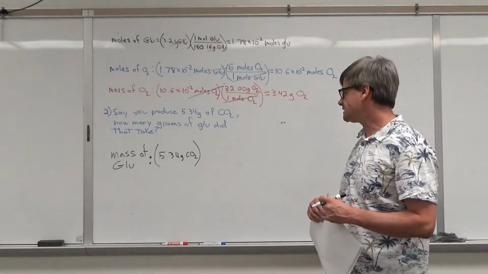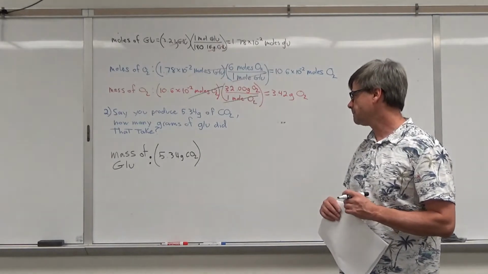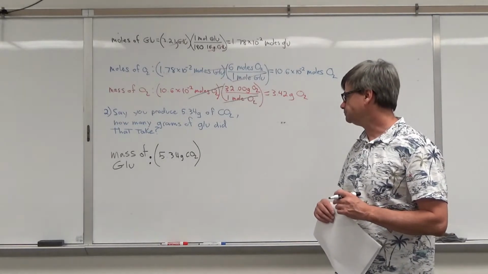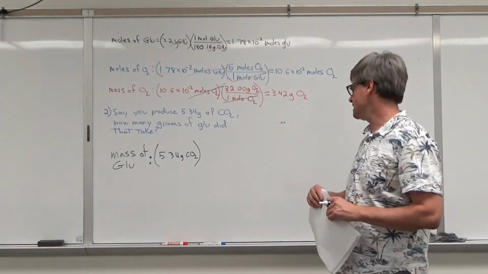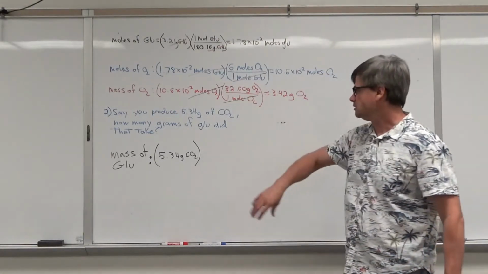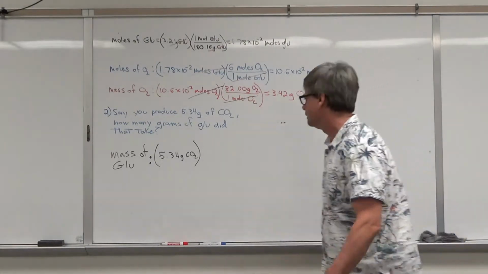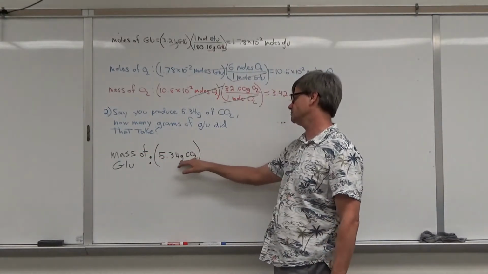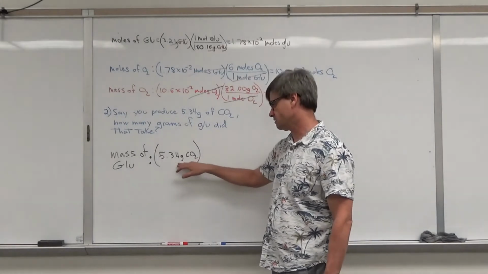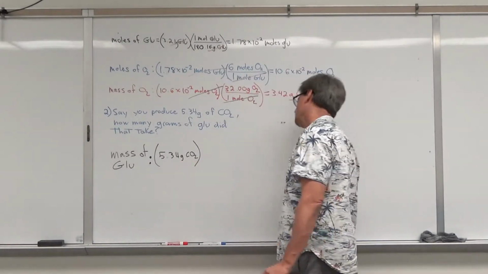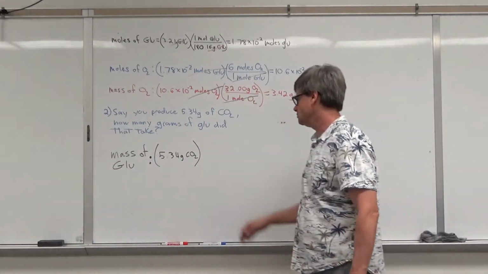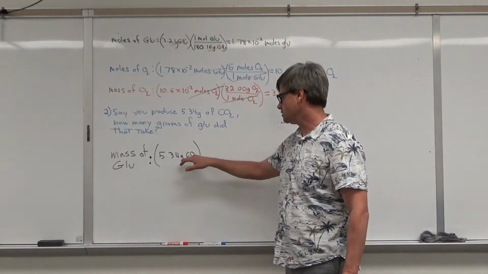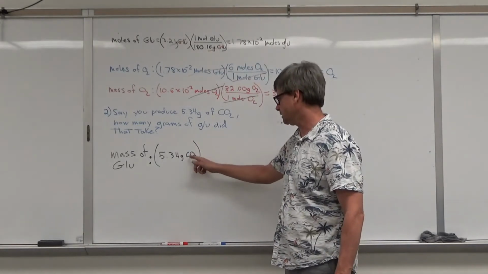Sometimes if you're not exactly sure what to use next, you can think: I know my answer isn't supposed to have grams of carbon dioxide, so how do I get rid of this unit? Well, one way I can get rid of that unit is by using the molar mass of carbon dioxide.